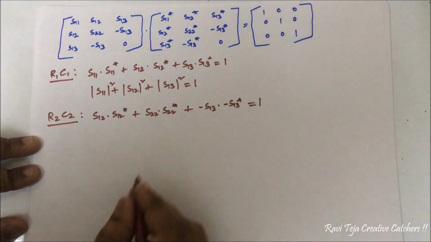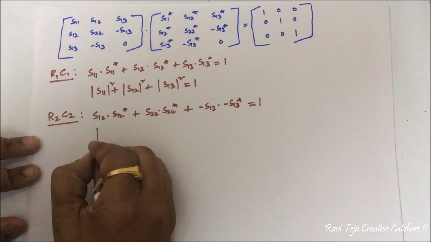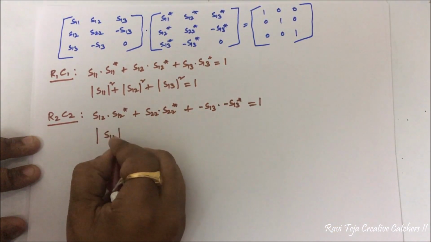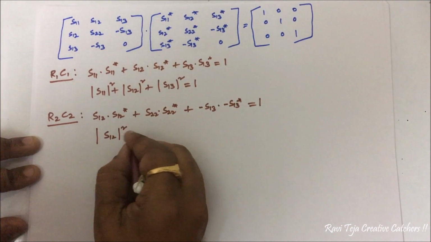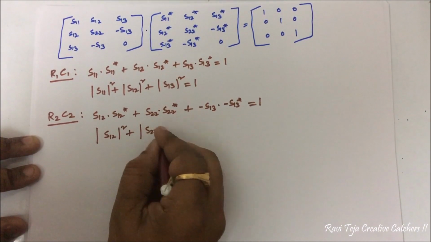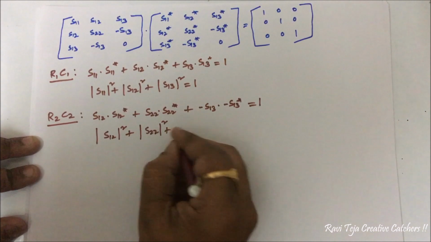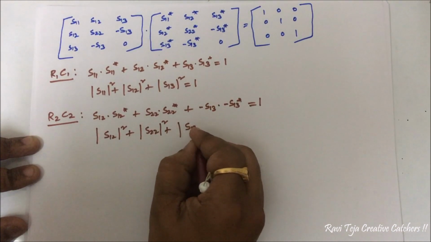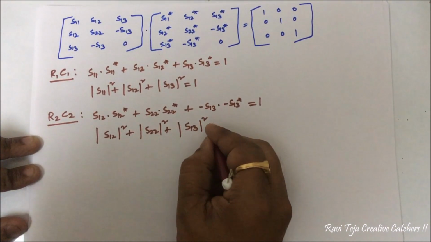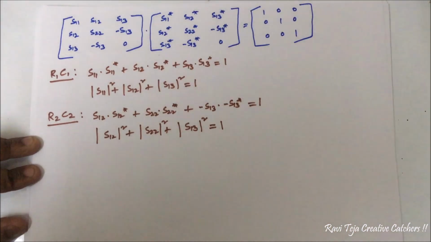This can be written as mod of S12 whole square plus mod of S22 whole square plus mod of S13 whole square is equal to 1. The negative can be neglected in the modulus.